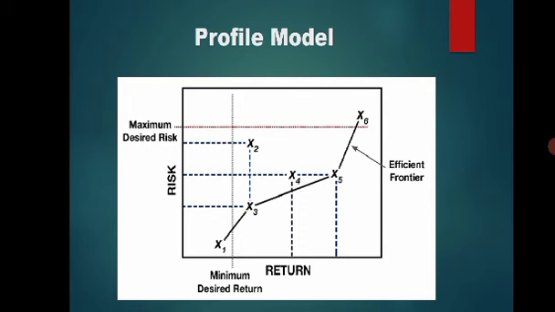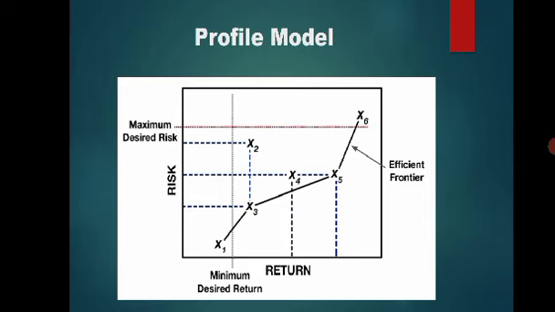From the chart, we could see that project x2 and x3 yield the same or similar return. However, the risk associated with project x2 is higher as compared to project x3. So in this case, we can see that project x3 is more desirable.